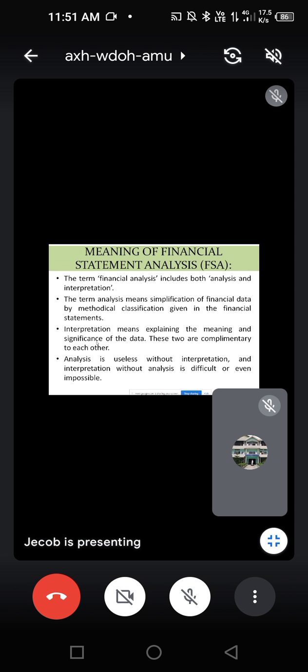What does analysis mean? Analysis means simplification of financial data by methodical classification of the data given in the financial statement. So we are making it simple. How will we classify it?